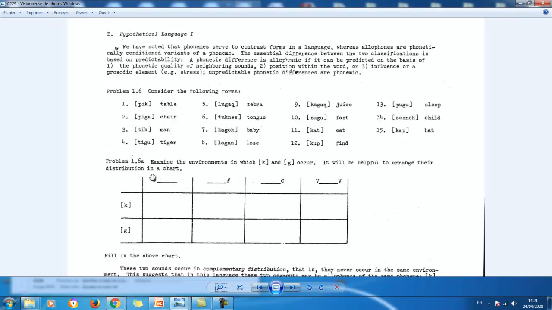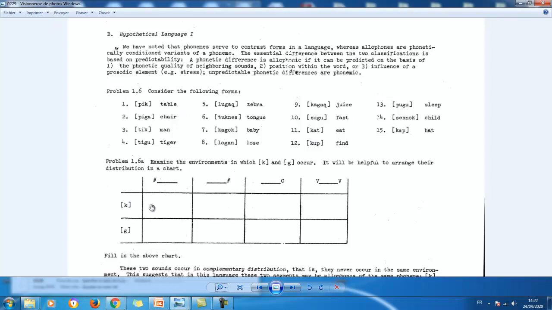Now, what sound can be found initial? What sound can be found final, or before a consonant, or between two vowels? So these are the two sounds in here. We have to put the check in the right context, in the right environment, where we find it in the words here, in our data.